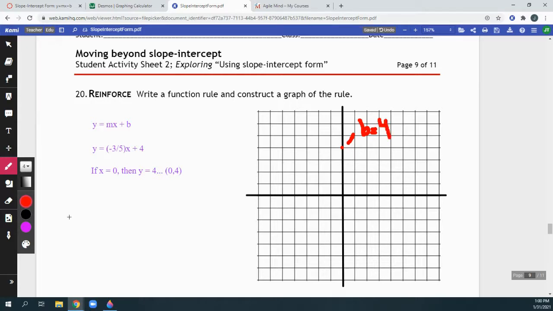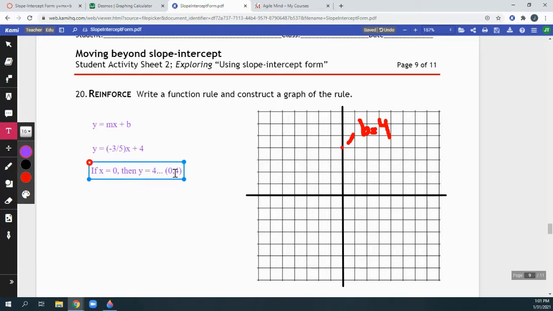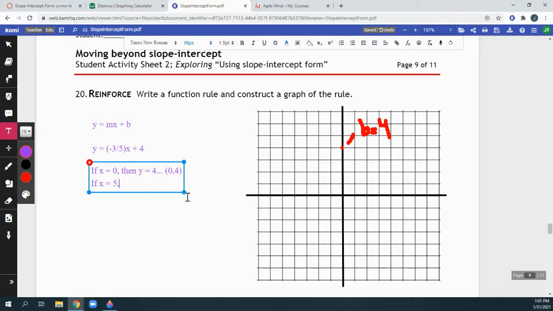Okay, and the next thing I can do is I can put in a number that cancels out with the 5. So if I put in x equals 5, then the 5s cancel out, I get -4, I get 1. If x equals 5, then y equals 1.